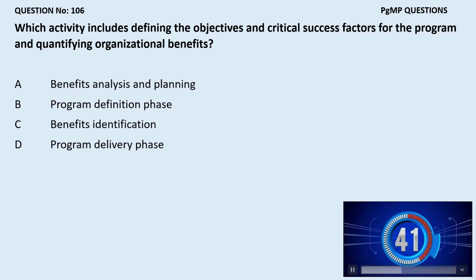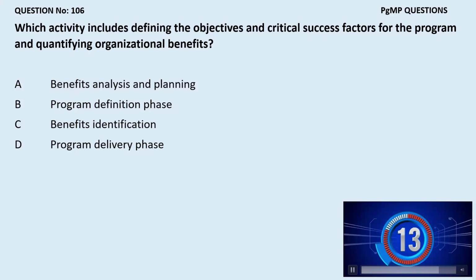Sandeep, you should be able to give this answer at least. A very tough question. The first is, the tone is which activity? Which activity includes defining the objectives and critical success factors for the program and quantifying organizational benefits.